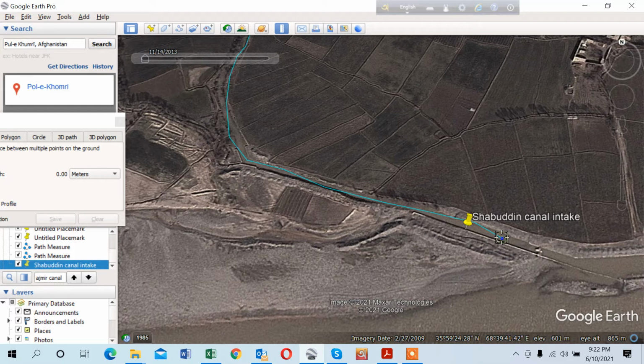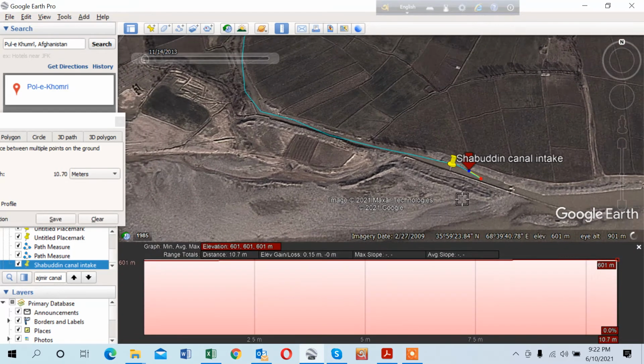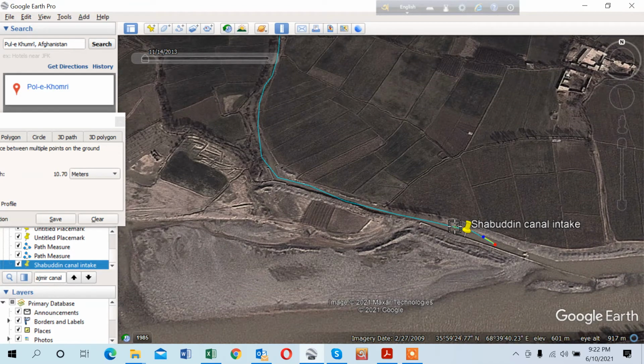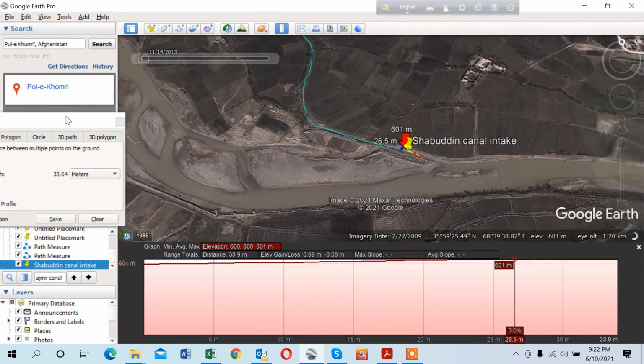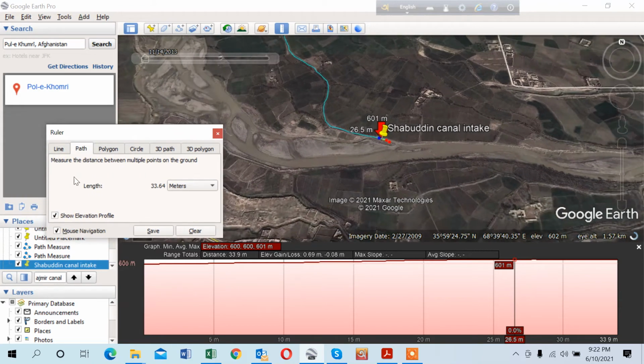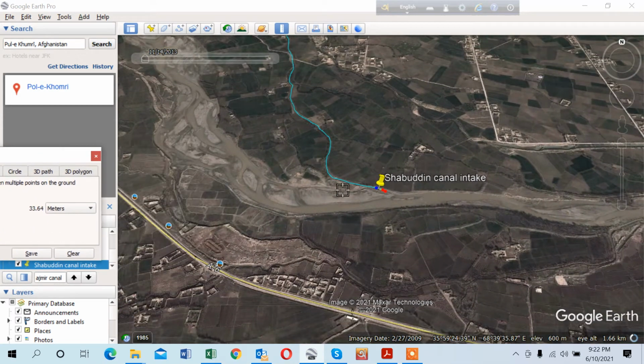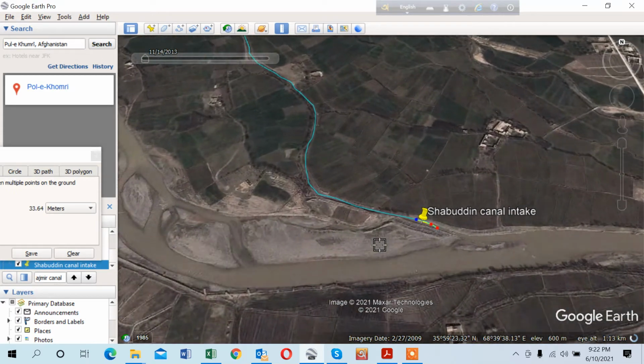And then I want to make some alignment plan for you so that you could understand the irrigation planning.